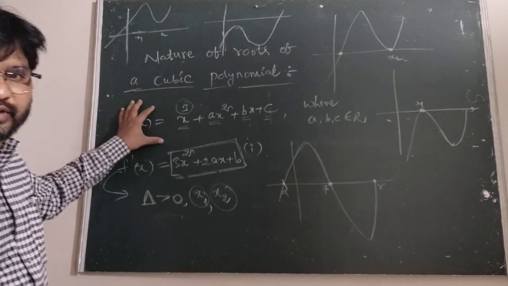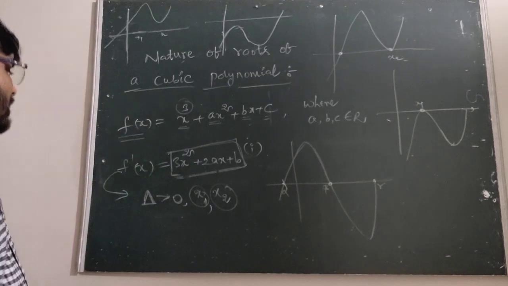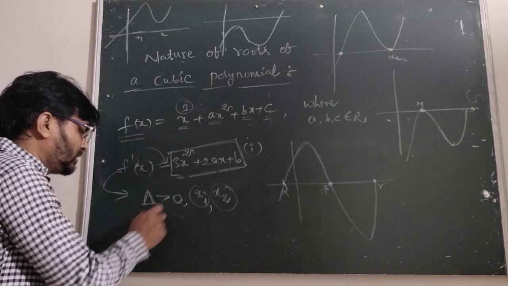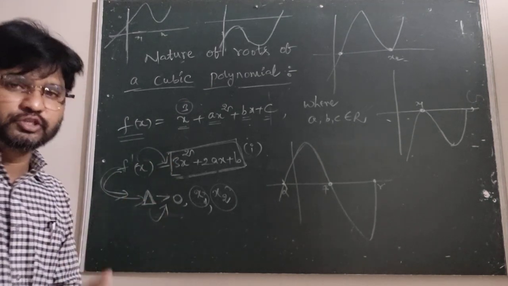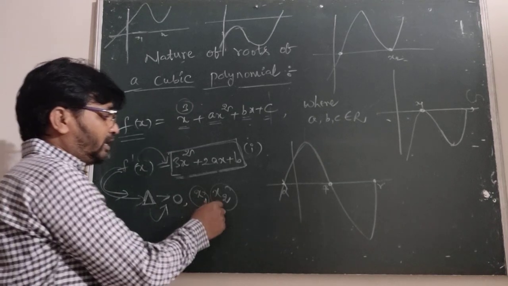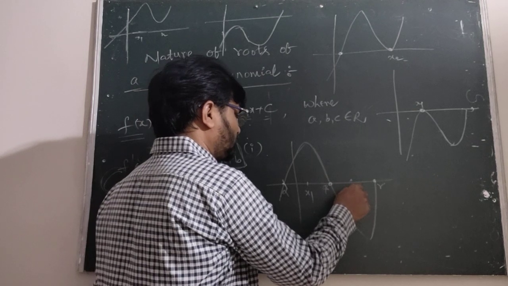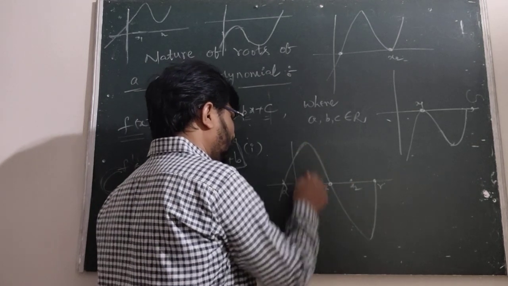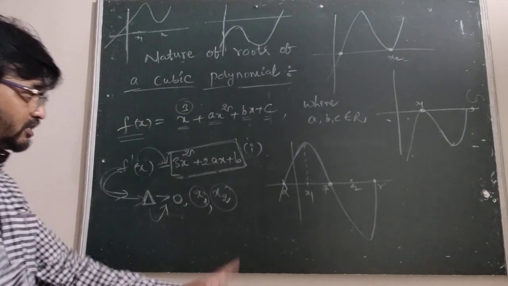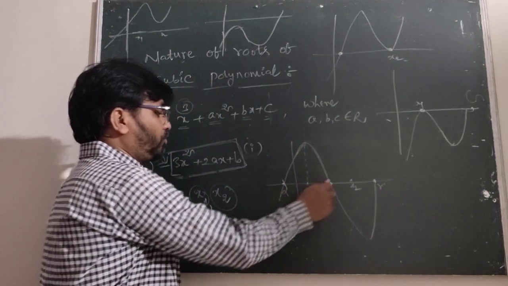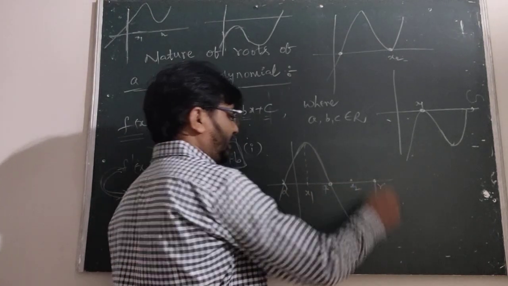If the cubic equation has three real and distinct roots, then the discriminant of f dash of x must be greater than 0. Here x1 and x2 are the roots of the derivative. Therefore x1 lies between alpha and beta, and x2 lies between beta and gamma.